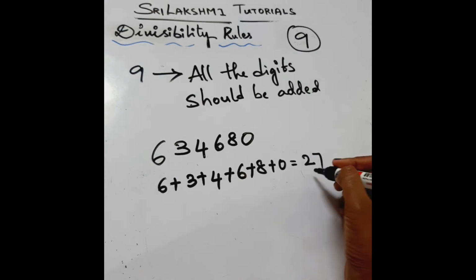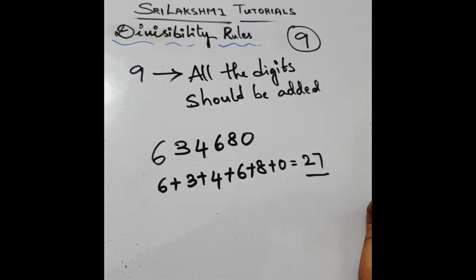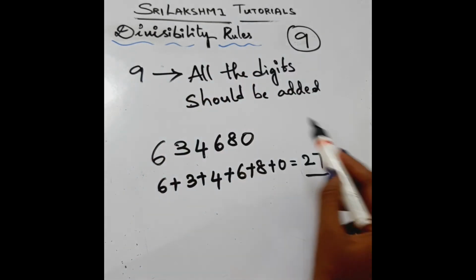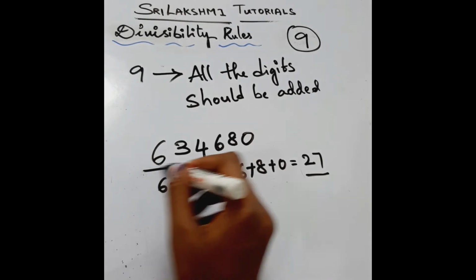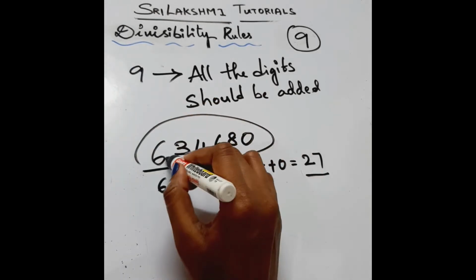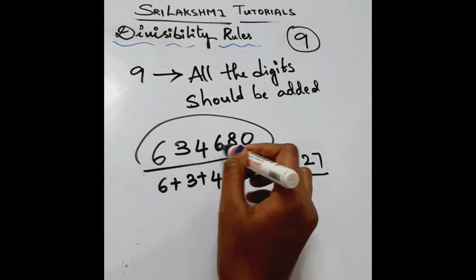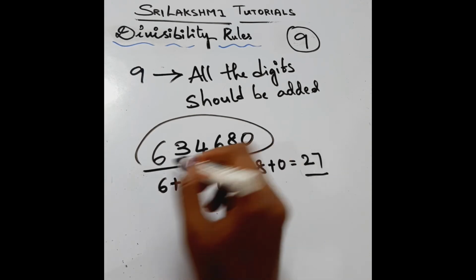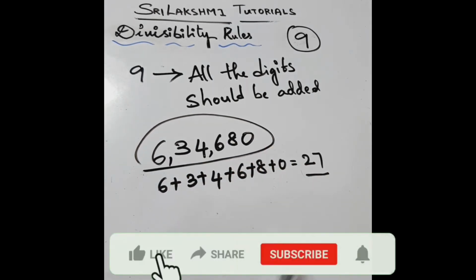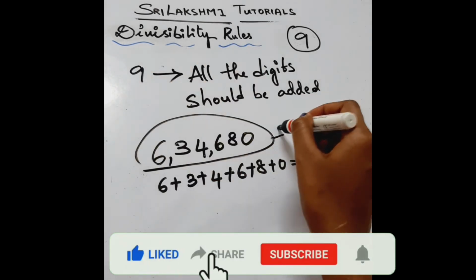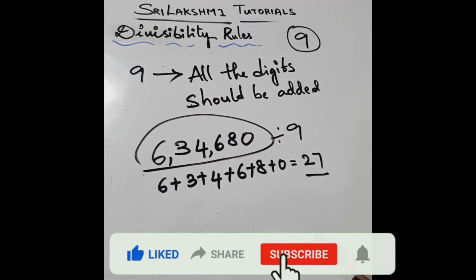Now check whether this 27 is divisible by 9 or not. In the 9 table we have 27. So the complete number 634680 is divisible by 9 exactly.